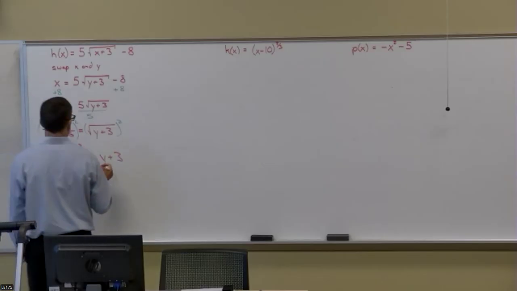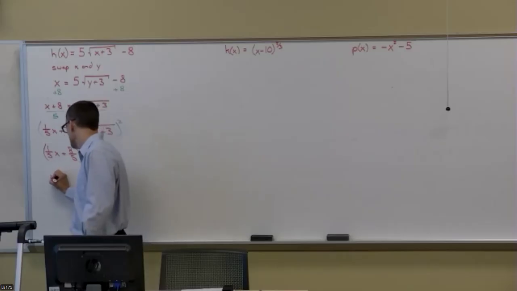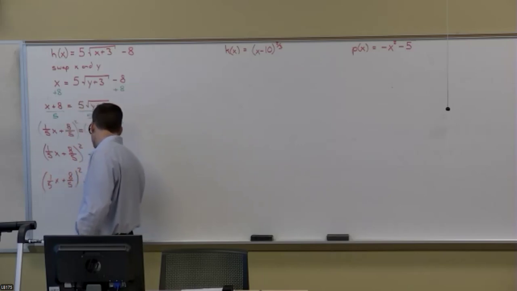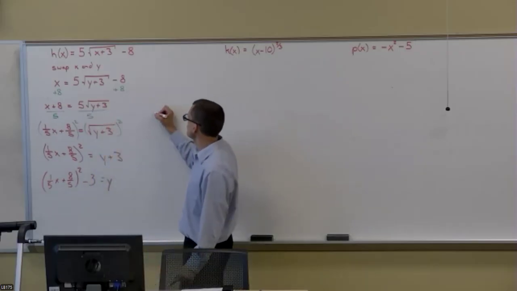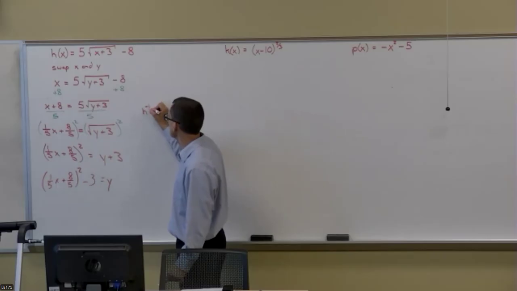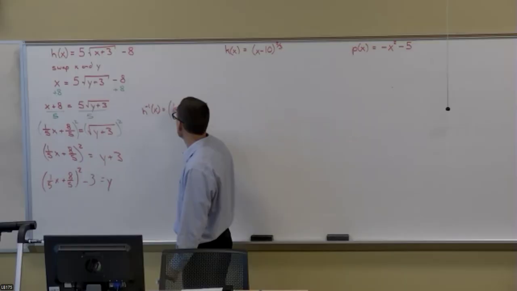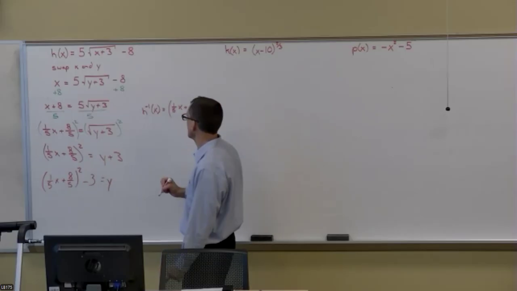So I end up getting, well, let me write it here: 1/5 X plus 8/5 quantity squared minus 3 is equal to Y. And this means my function's inverse, H inverse, is 1/5 X plus 8/5 squared minus 3.